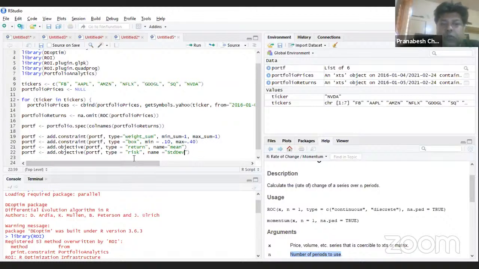So I added two objective functions, around my return and my risk, right?